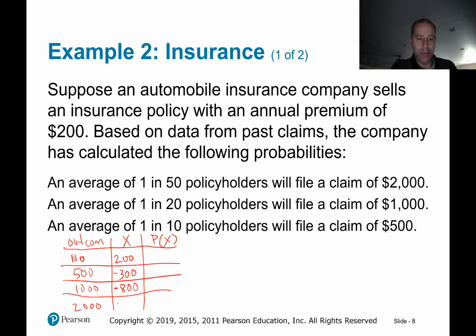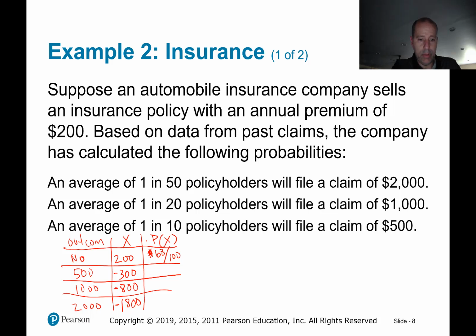And for the $2,000 claim, it'd be minus $1,800. And if you take, again, the probabilities, it'd be not 48, it'd be 68 over 100.